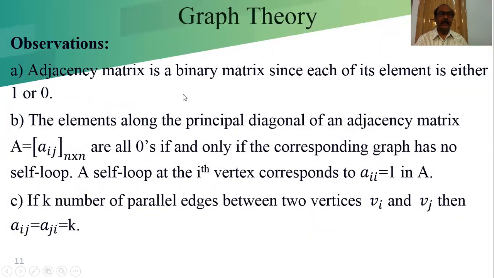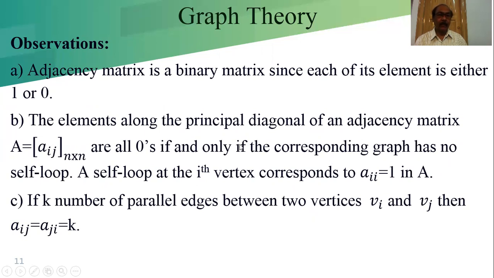Observations. An adjacency matrix is a binary matrix, since each of its elements is either 1 or 0. The elements along the principal diagonal of an adjacency matrix A = [Aij] n by n are all 0 if and only if the corresponding graph has no self loop.